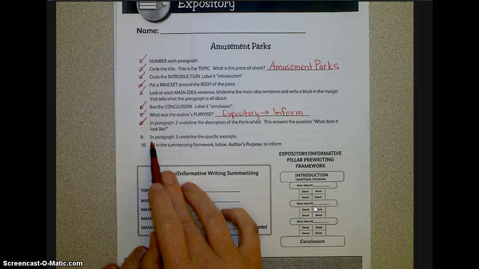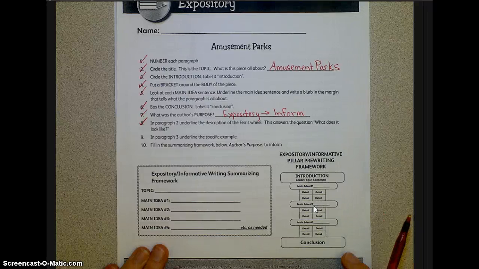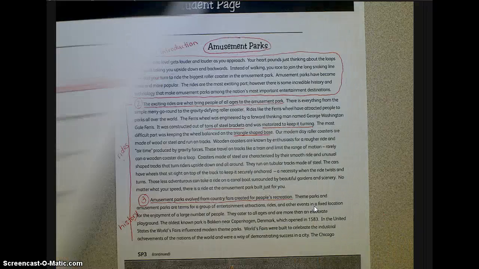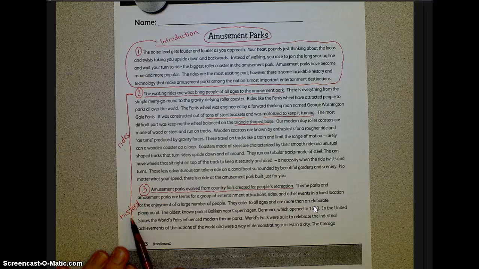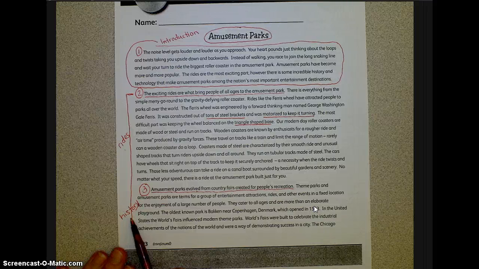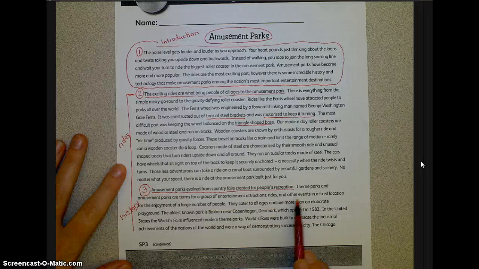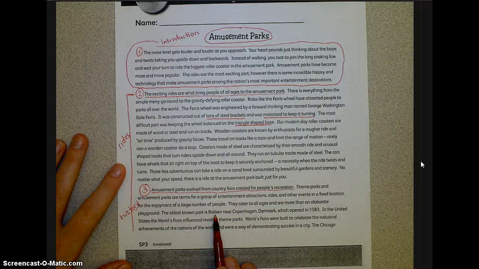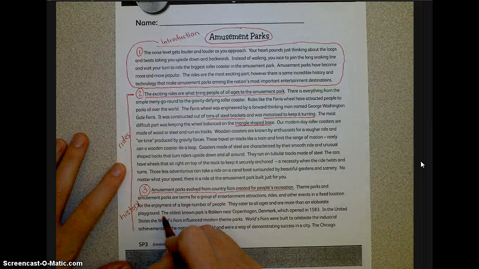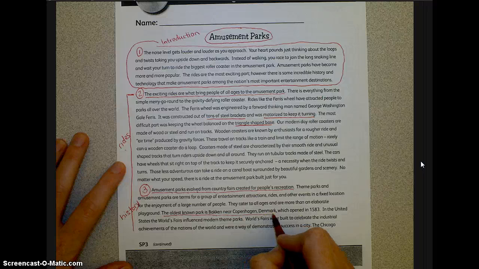Number 9. In paragraph 3, underline the specific example. So paragraph 3 is all about history. I want a specific example of an old amusement park. And I can skim. And when I skim, I find right here, the oldest known park is Bakken near Copenhagen, Denmark.